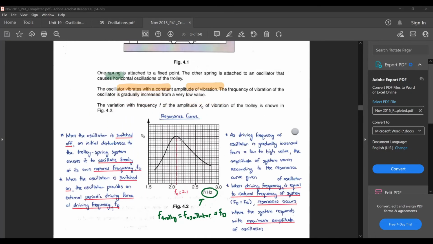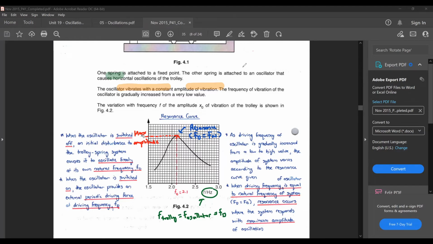You look at the graph, you notice that this point here is where you have maximum amplitude. Now, when you have maximum amplitude, that is where resonance is occurring. And when you have resonance, driving frequency must be equal to the natural frequency of your system.